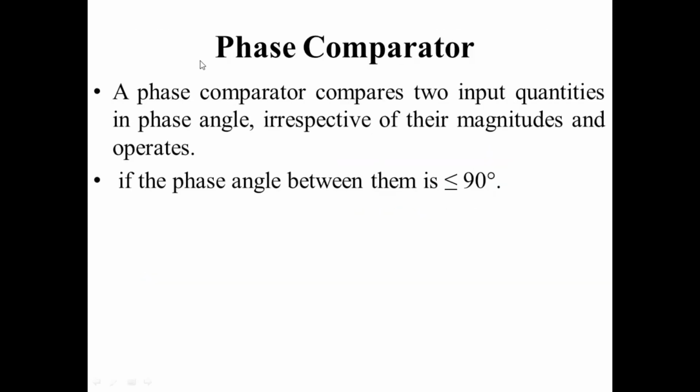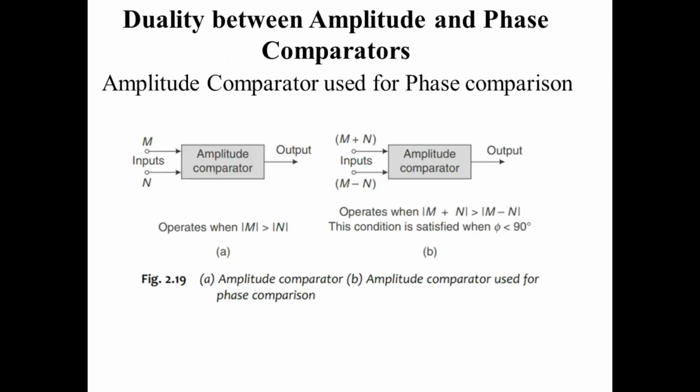As per the definition, the amplitude comparator only measures the amplitude irrespective of phase, and the phase comparator only compares the phase irrespective of magnitude. But there is also the duality between amplitude and phase comparator.